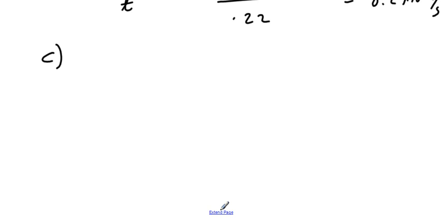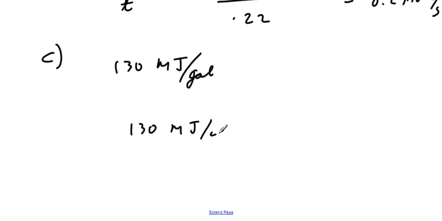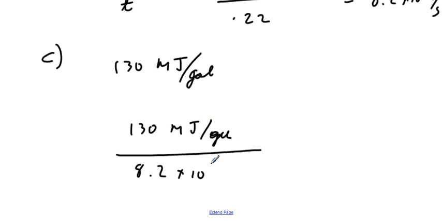If the energy content of gasoline is 130 megajoules per gallon, how long will 1 gallon last? All right, so I've got 130 megajoules per gallon, and I'm going to divide that by 8.2 times 10 to the fifth joules per second.